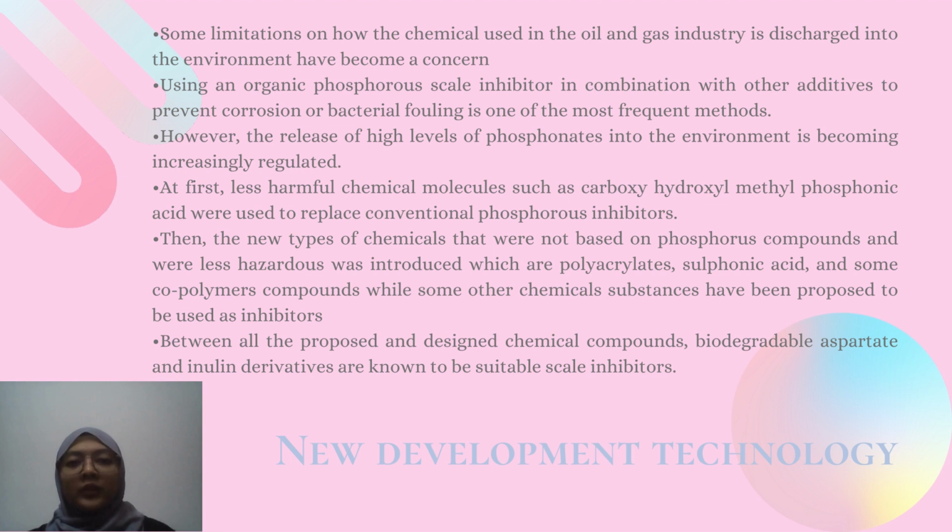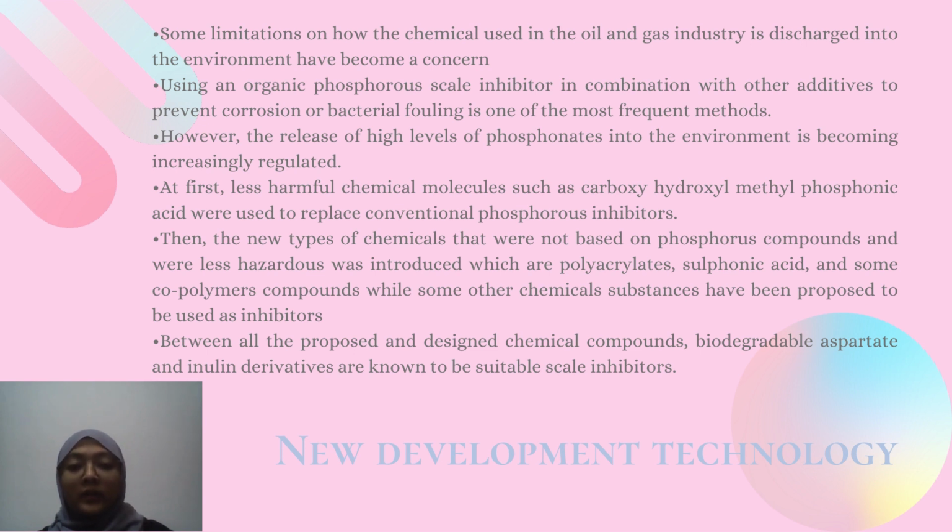As for the new development technology, some limitations on how the chemicals used in the oil and gas industry are discharged into the environment have become a concern. Using an organic phosphorus scale inhibitor in combination with other additives to prevent corrosion or bacterial fouling is one of the most frequent methods.